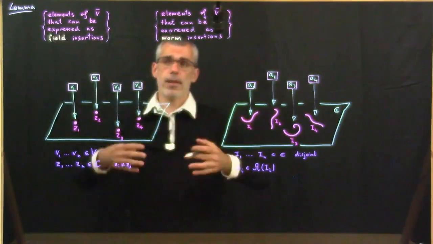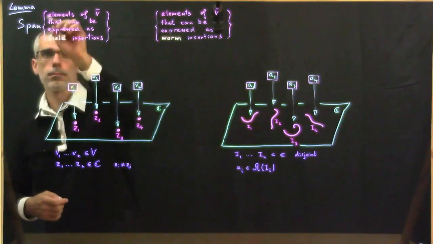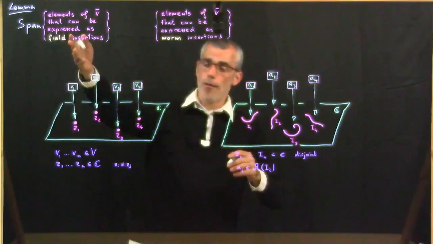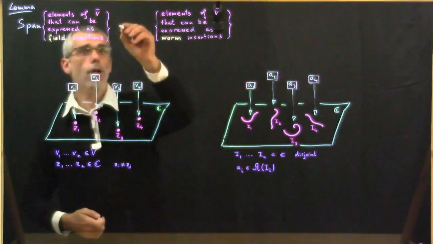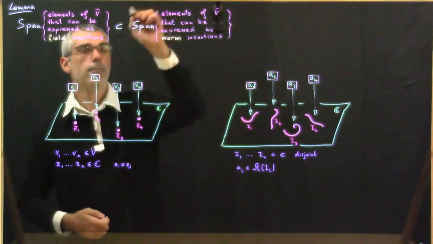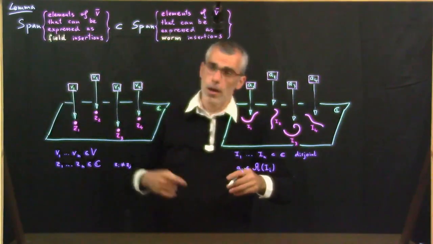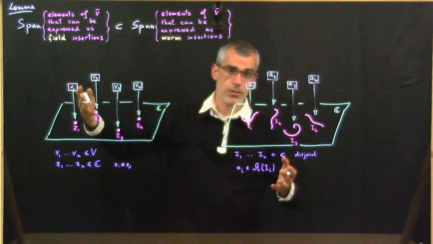Namely, that if I take the linear span of elements that can be expressed as field insertions, this is always a subset of the linear span of elements that can be expressed as worm insertions.